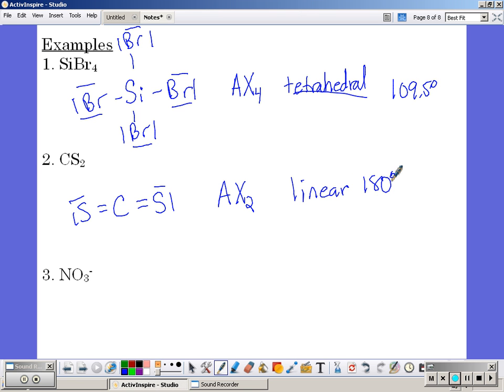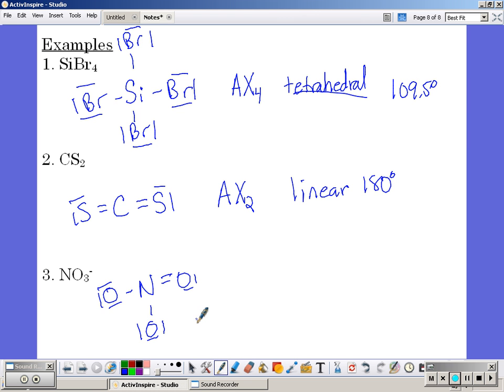Now NO₃⁻, if I was to draw the Lewis diagram, I would have nitrogen with 3 oxygens being bonded. I would satisfy my oxygens, but then my nitrogen's not satisfied. So one of my oxygens is double bonded. Even though we have resonance, it doesn't matter which oxygen we bond.